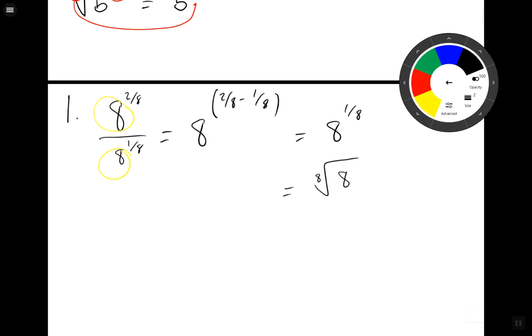Okay, that wasn't too bad, was it? I wouldn't say it was easy, but it's not too bad. In order to do these, remember how I told you you had to know your squares and cubes? Let's go through the cubes.